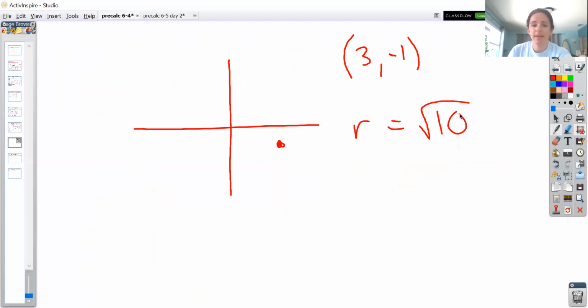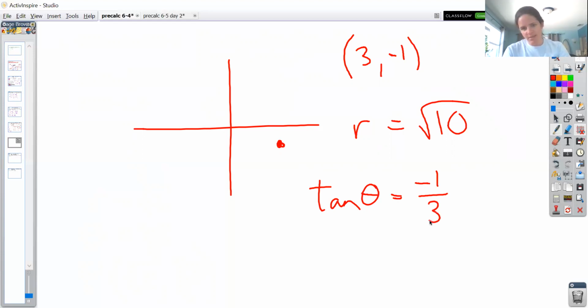However, to find theta, I would have to use the equation that says that the tangent of theta is y over x, which is -1/3. And I would find the inverse tangent of -1/3.